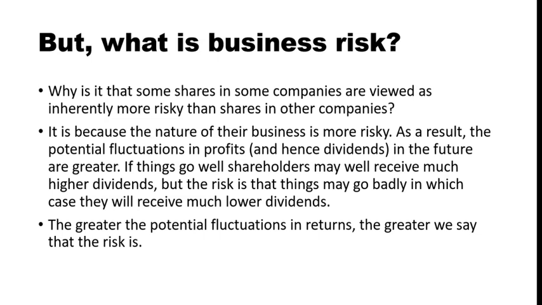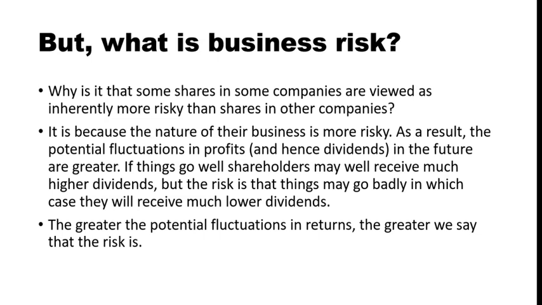Now, why is it that some shares in some companies are viewed as inherently more risky than shares in other companies? It is because the nature of their business is more risky. As a result, the potential fluctuations in profits and hence dividends in the future are greater.